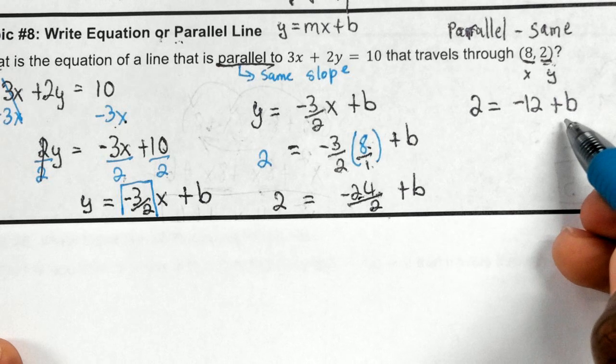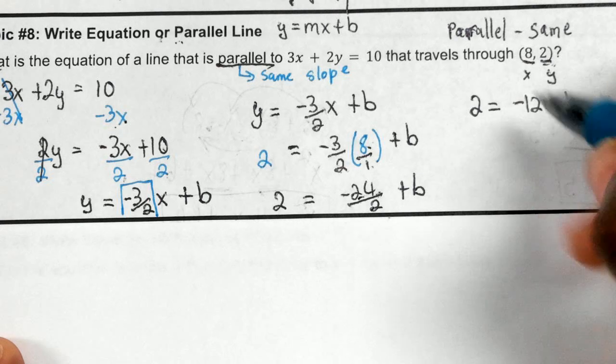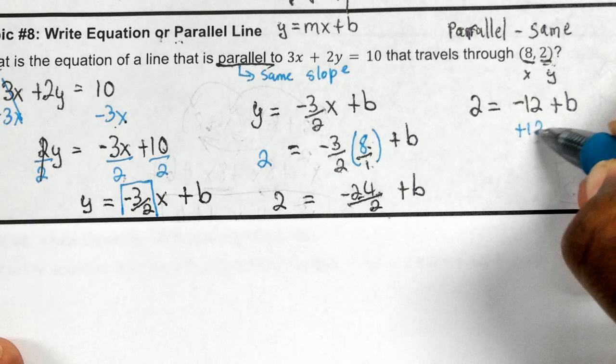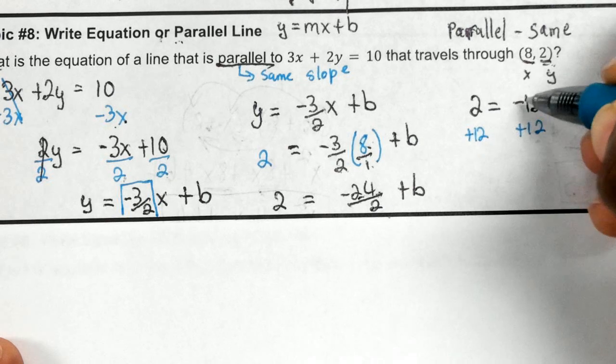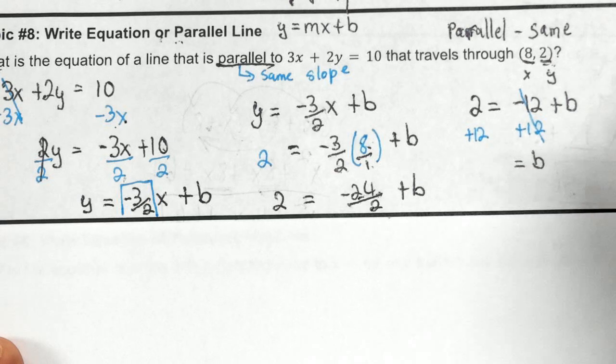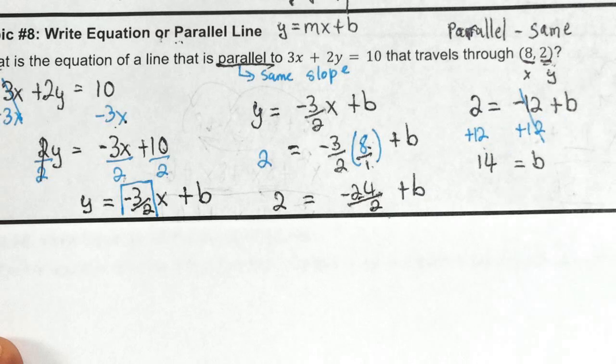Now the aim is to get b all by itself. To get b by itself, I need to get rid of subtracting 12 by adding 12 to both sides of the equation. So now I would have b is equal to 2 plus 12, which is positive 14.